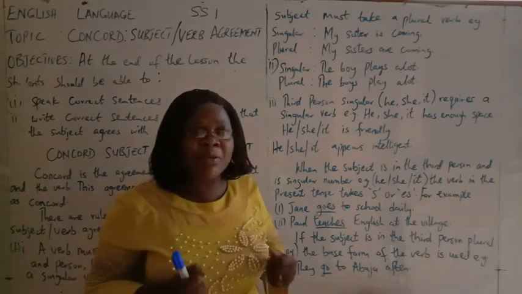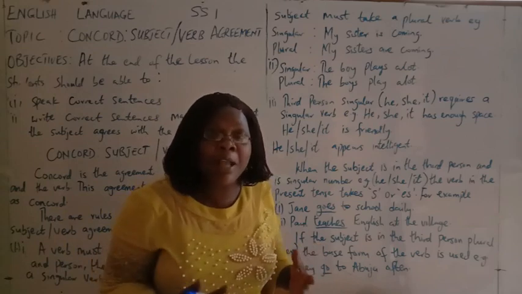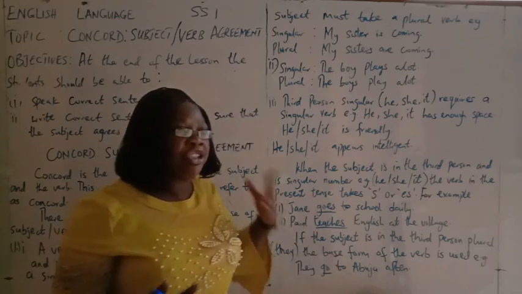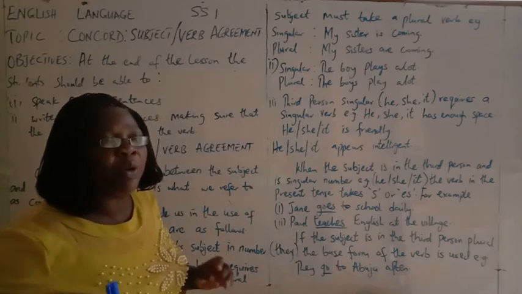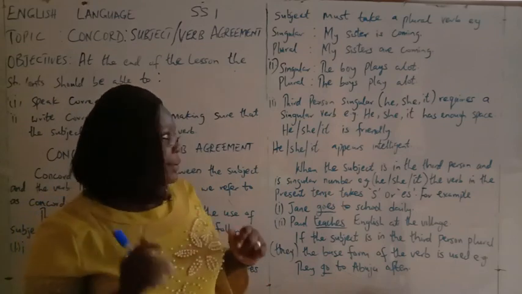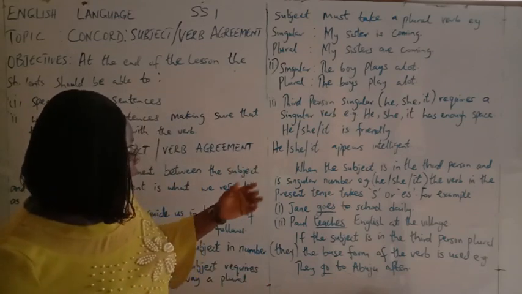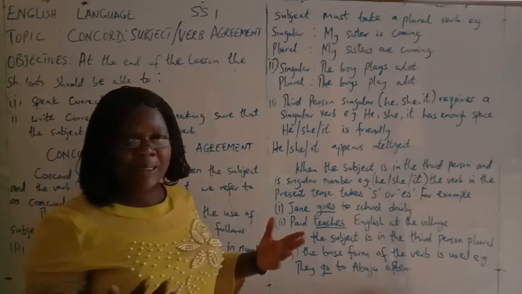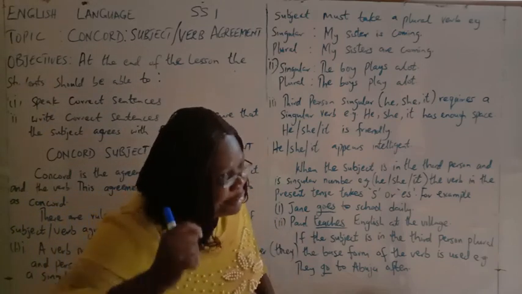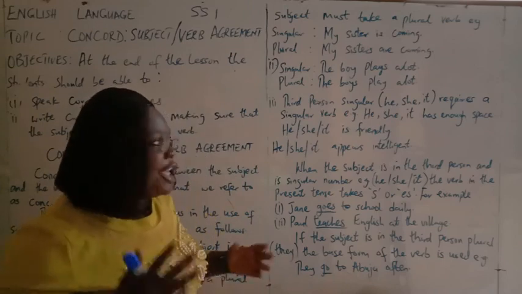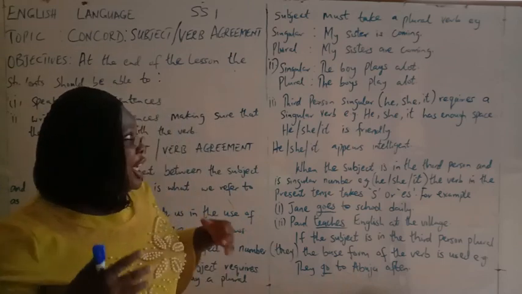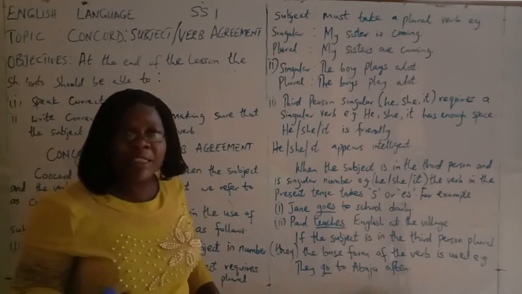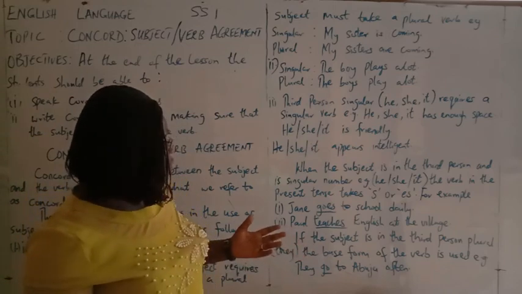They require a singular verb because they are in the singular form. He, she, it is singular. So you should go with a singular verb. For example, he, she, it has enough space. Has, not have. Have is plural. He has enough space. She has enough space. It has enough space.